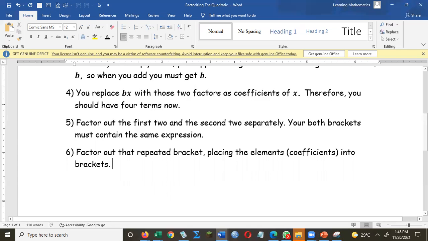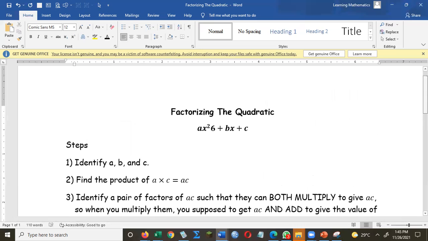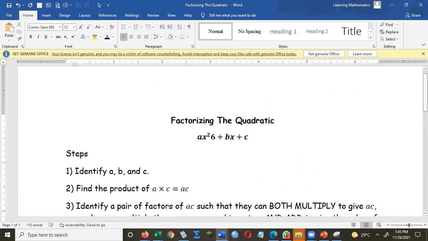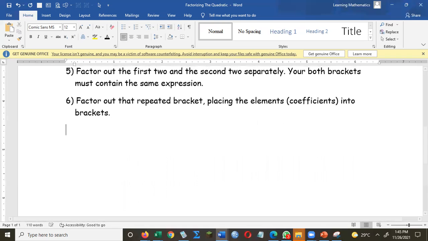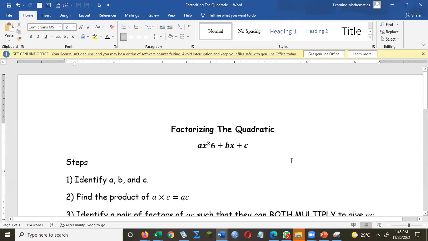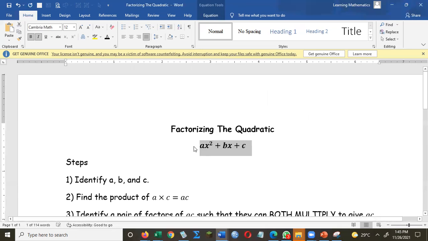Okay, so you could remember when we completed the square. So just to recall, when you complete the square, please revise your completing the square, you're going to do a transformation with the quadratic.